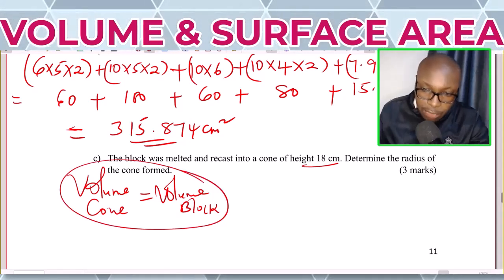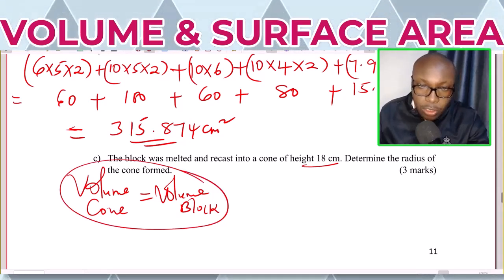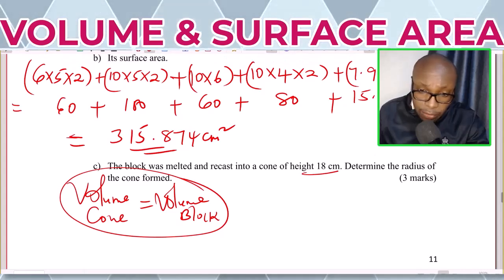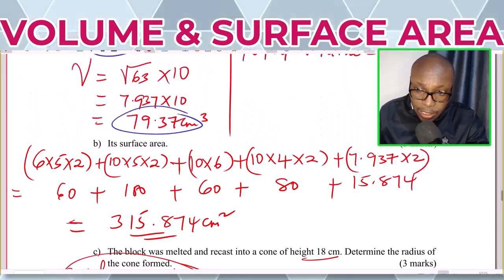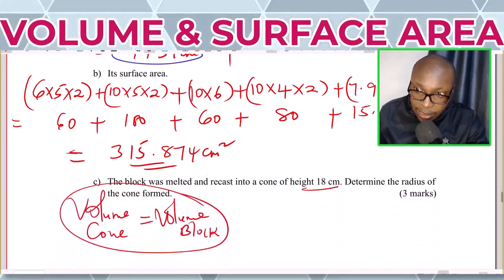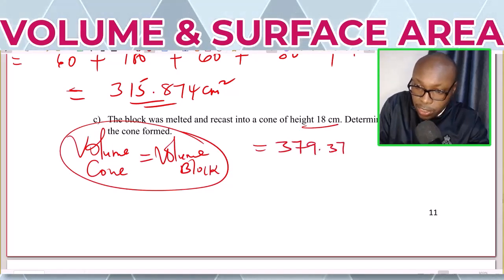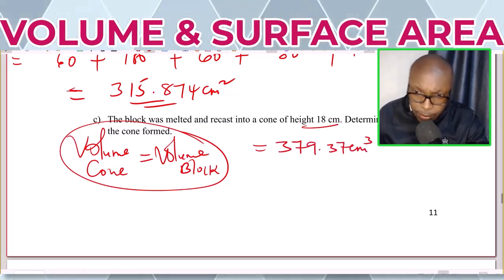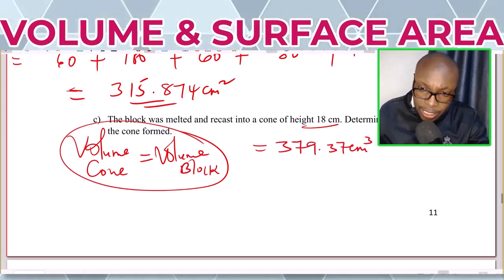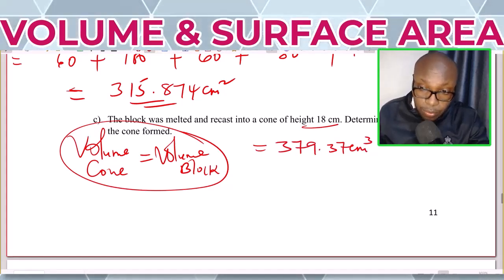And since we have the volume of this block as 379.37 centimeters cubed. Now we need to get the volume of the cone.